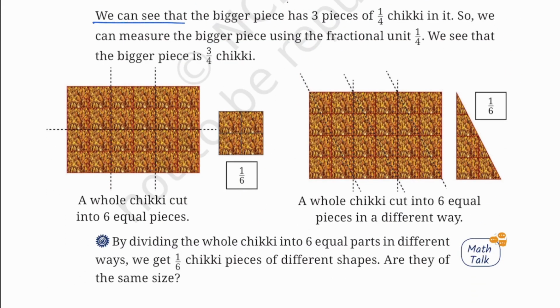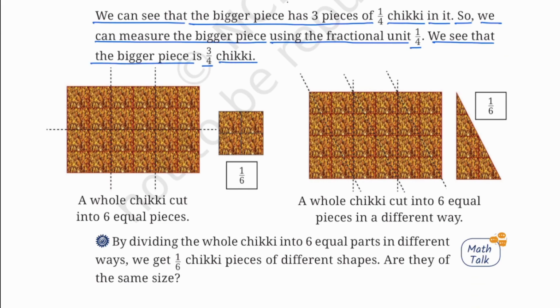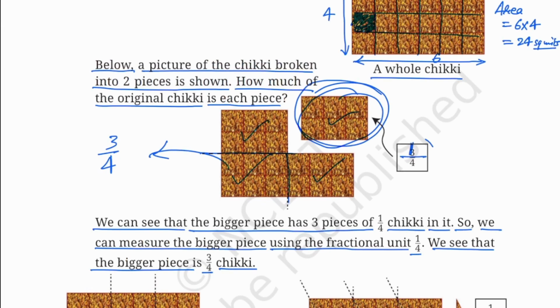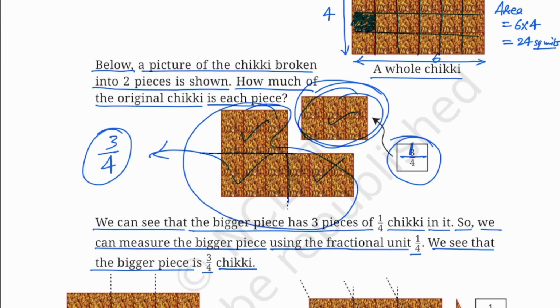We can see that the bigger piece has 3 pieces of 1 upon 4 chicky in it. So we can measure the bigger piece using the fractional unit 1 upon 4. We see that the bigger piece is 3 upon 4 chicky. You can see it here. This is 1 upon 4 and this one 3 upon 4.